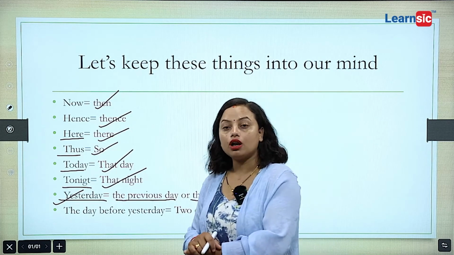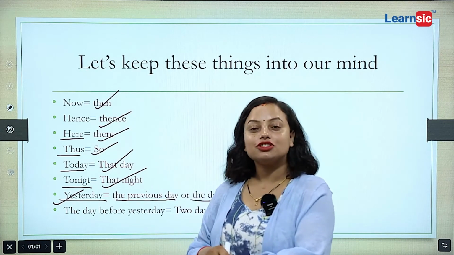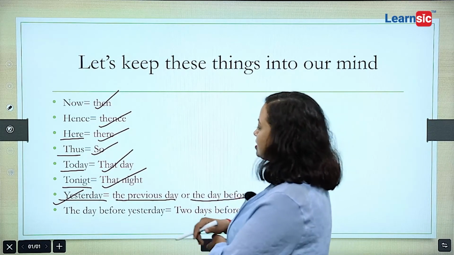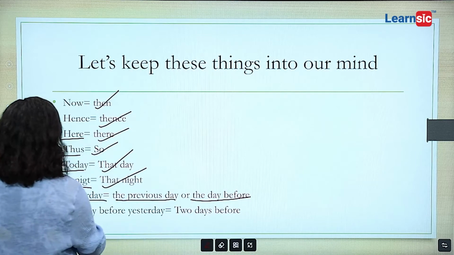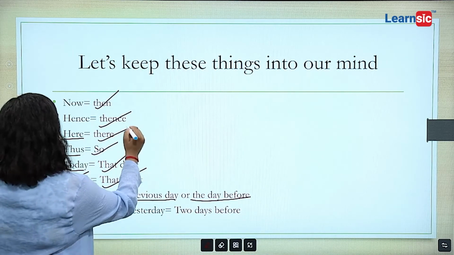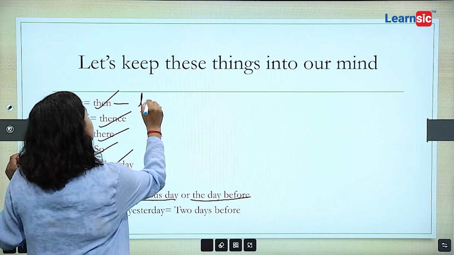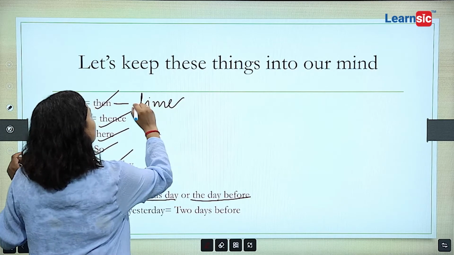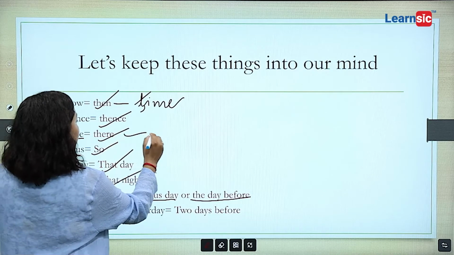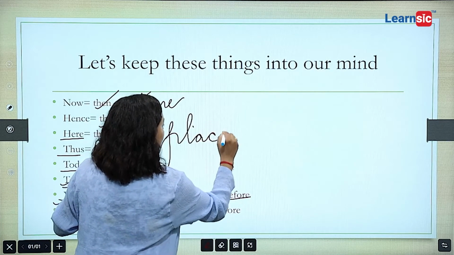So I have told you earlier also that if there is place, change; if there is time, change. Okay, now listen, today falls in time, tonight also falls to the category of time. Now falls in the category of time, and here falls in the category of place.